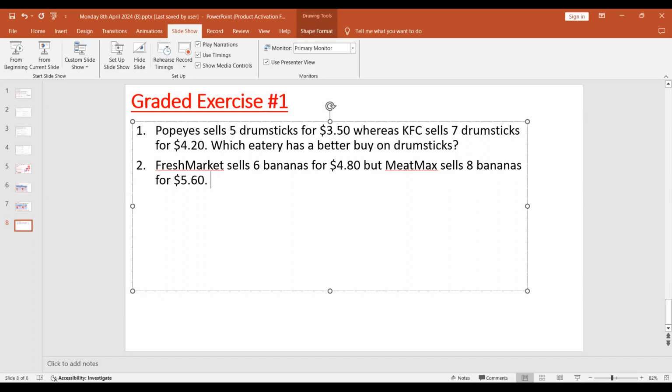Which store has the better buy on bananas?